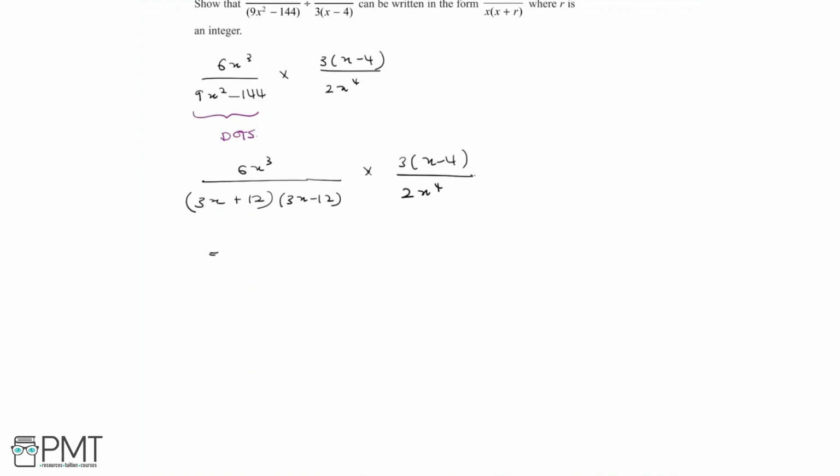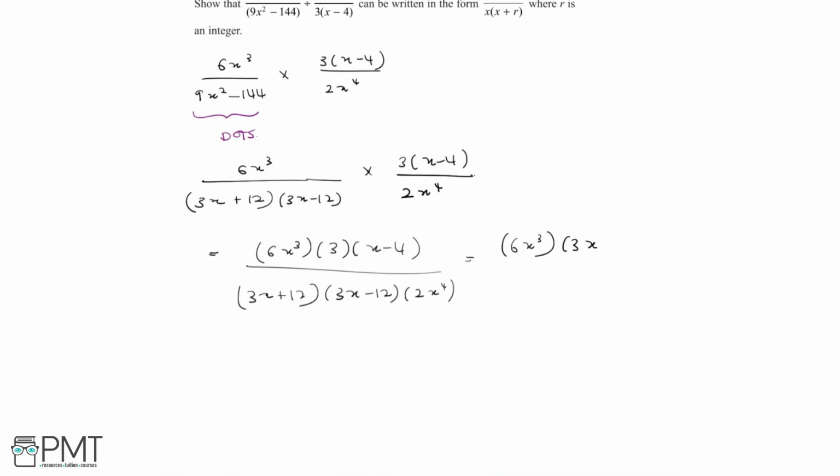Now when we multiply out, we'll end up with 6x cubed multiplied by 3 multiplied by x minus 4, all divided by 3x plus 12, 3x minus 12, and 2x to the power of 4. Now let's look at 3 multiplied by x minus 4, and we can expand that expression to end up with 3x minus 12.